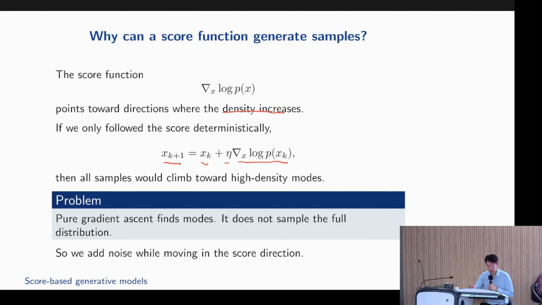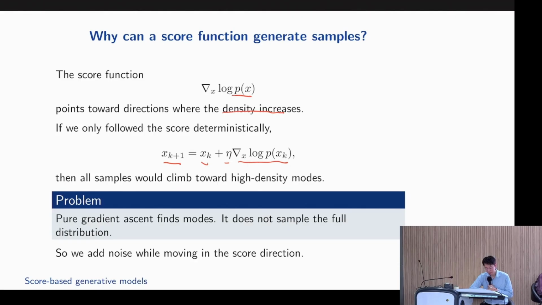And for multimodal density, it's going to get locked onto the nearest mode of the density function. So the pure gradient ascent finds modes, and we're not going to have any diversity among the generated samples. So in other words, it doesn't really sample the full distribution. Because what we really want to do is sample according to this distribution P of x, not just sample the modes.